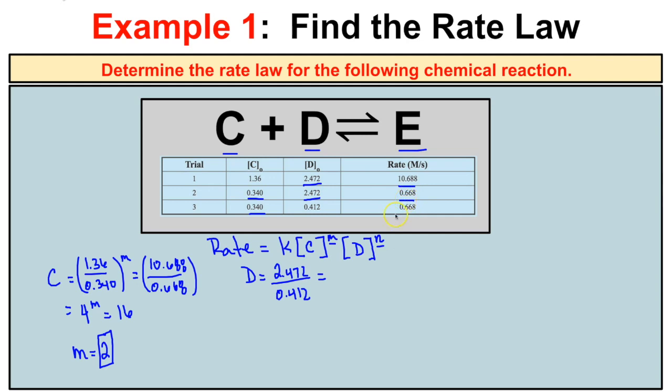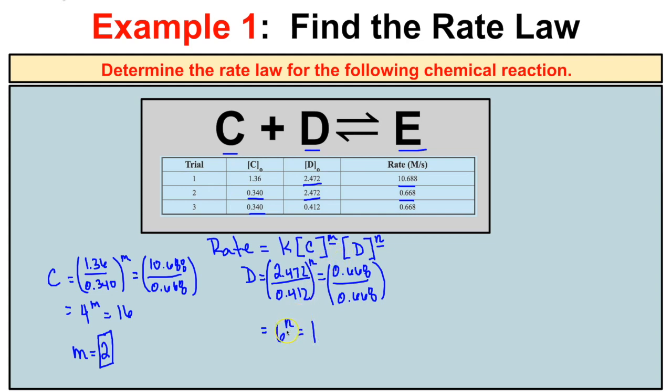If we take a look, they're both the same. So we'll take 0.668 over 0.668. We're going to raise this to the power of N. And so now if we take a look, this divided by this is 6 to the power of N equaling 1.